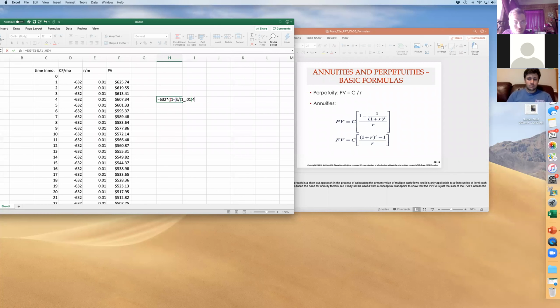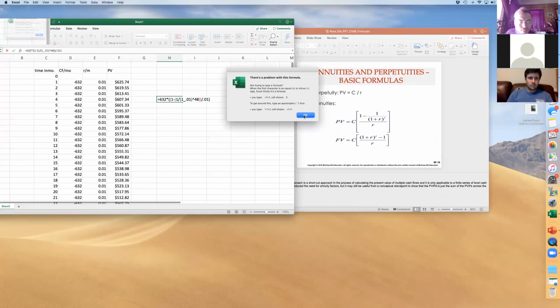Oops, I gotta go caret and then 48. And then 1, and then I can divide it by 0.01, which is the interest rate. I think I got that right. Oh, of course not.